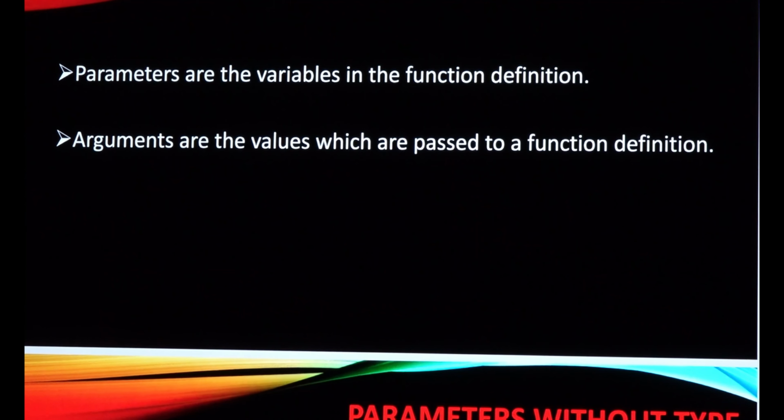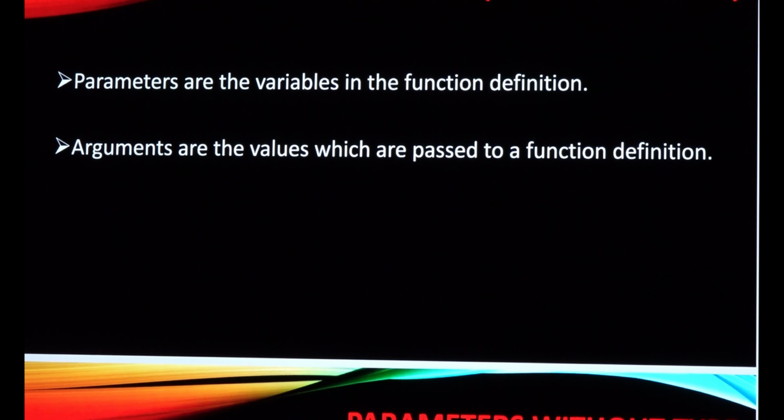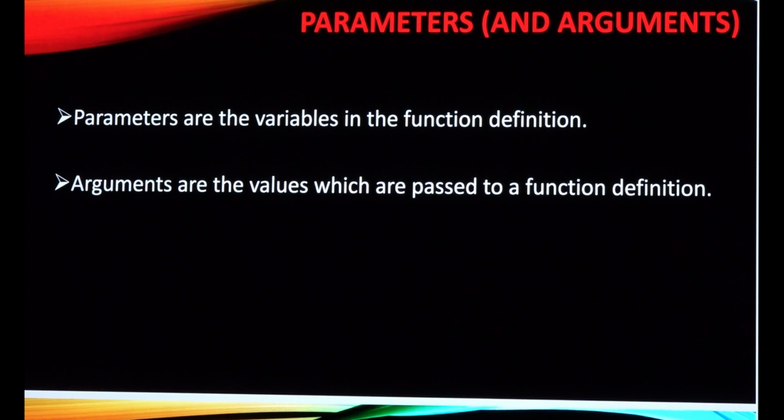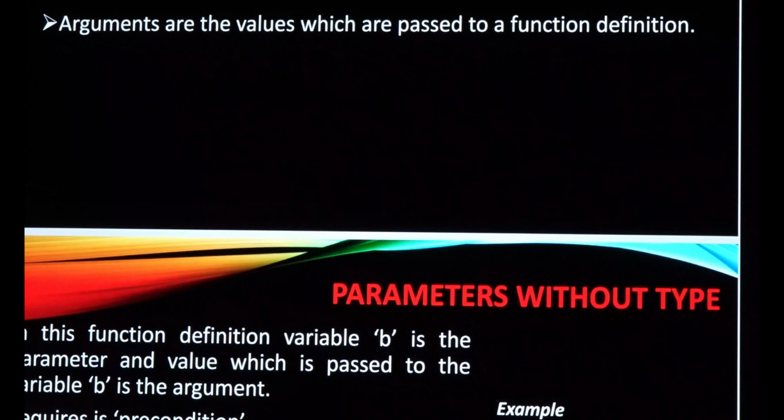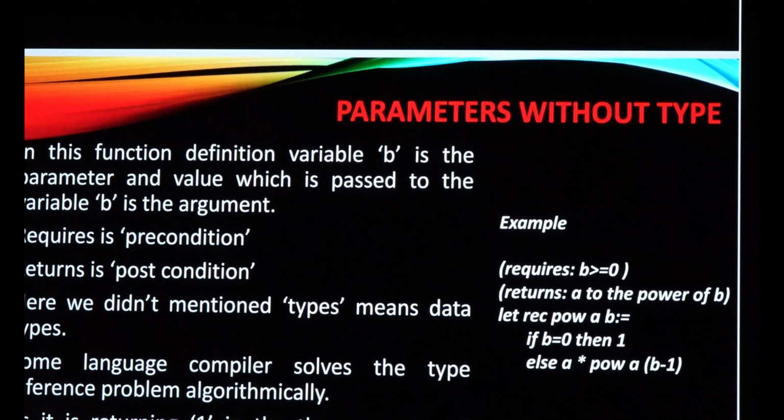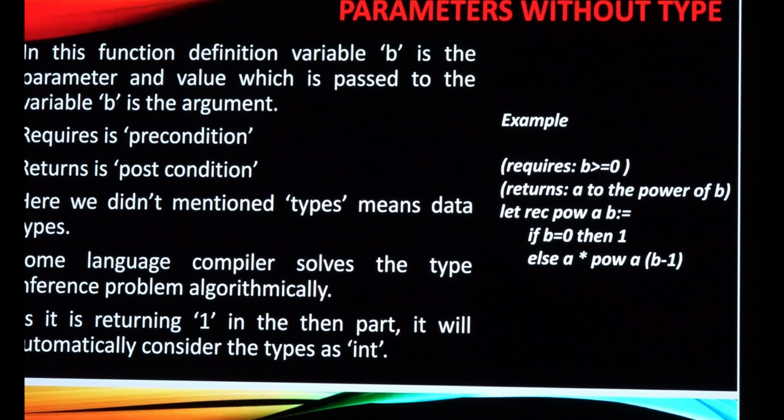Arguments are the values which are passed to a function definition. Now in this function definition, variable b is the parameter and the value which is passed to the variable b is the argument.